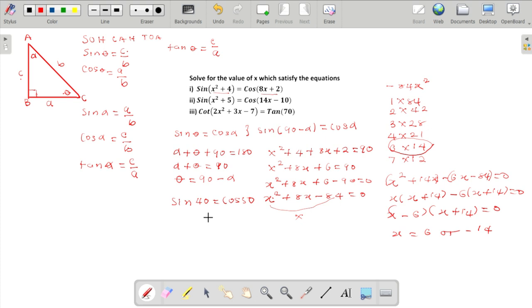Is it true? Yes, if we add this plus this, it must give us 90. So this is what is satisfied. If you put minus 14 here, it is not going to give you the same thing, because it will definitely give us a negative side. So the one that satisfies it is x equals 6.